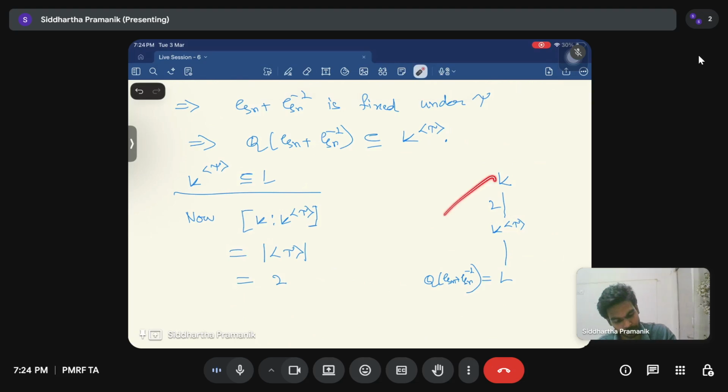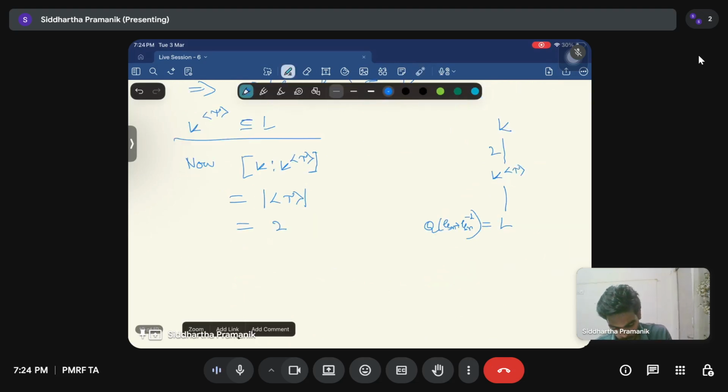And what about this one? Also zeta n. So this one is Q adjoin zeta n.